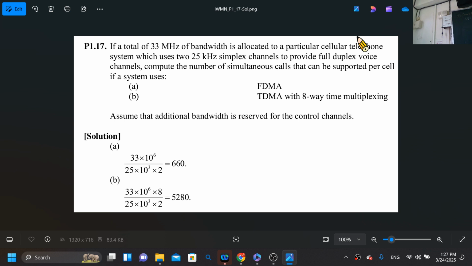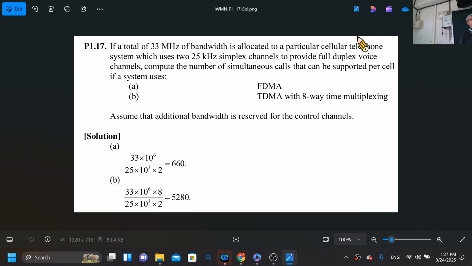So the current channel over these, because a duplex voice channel consists of 2 simplex channels, so over 2. So we have this one. And the second one is actually simple because of 8-way time multiplexing, so times 8. So this is the reference solution for this problem.